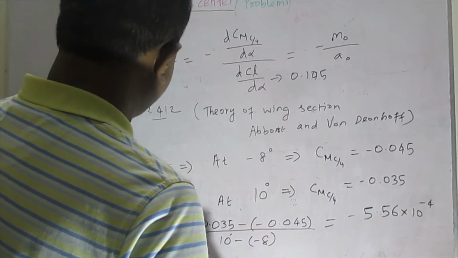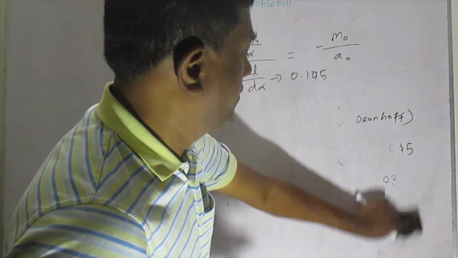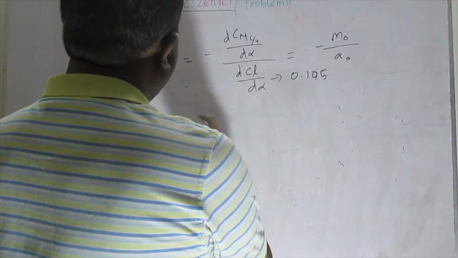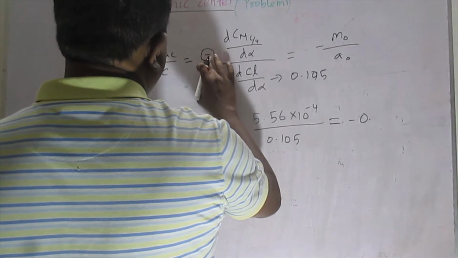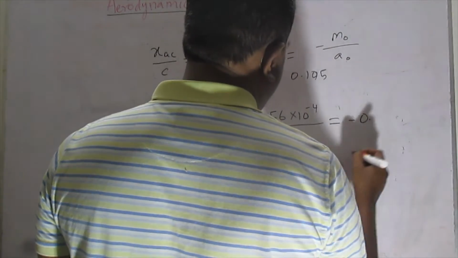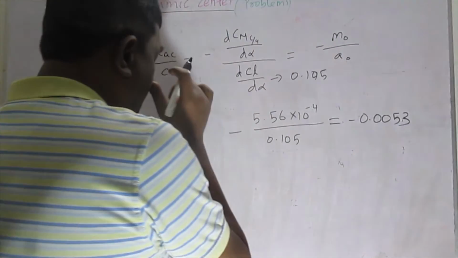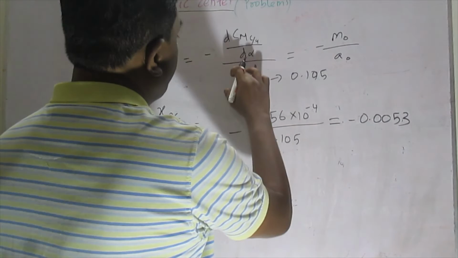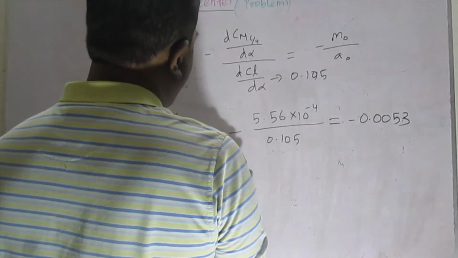So after substituting these values, we will get XAC by C equal to minus 0.00053. The minus sign is there, it is not taken away. So this is the value we are getting from the calculation, after finding dCm by d alpha and dCl by d alpha and substituting.